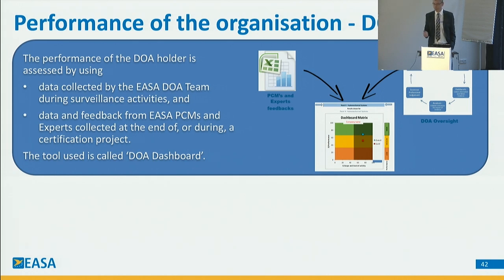If you, for instance, apply for an STC, and you have a successful STC project ended in a certificate, we ask for the scores of the PCMs and the experts involved in the project on how well you did in that project. Just to be clear, of course, the PCM and the experts are all very satisfied at the end of the project, because that's when you get your certificate.